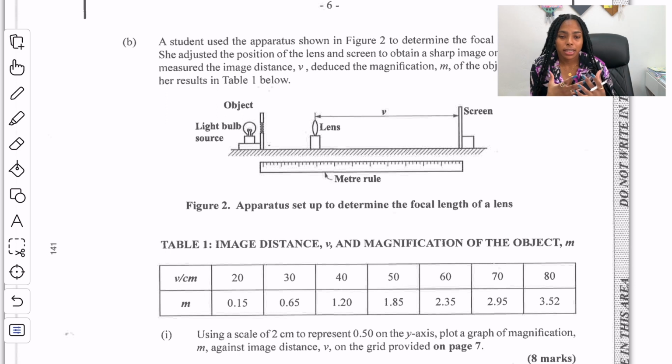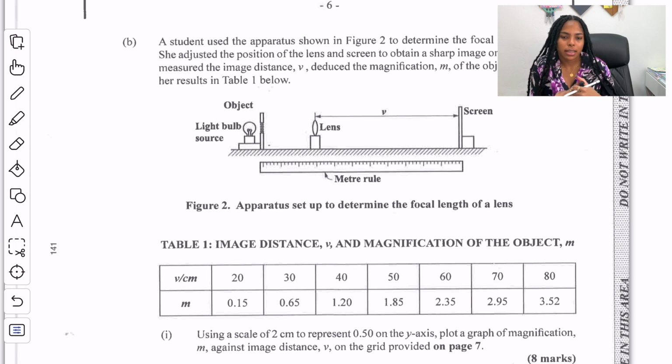We're seeing the diagram here, the light source, where the lens is, the screen on the other side, and a meter rule used to measure the distance of the object from the lens and the image from the lens.